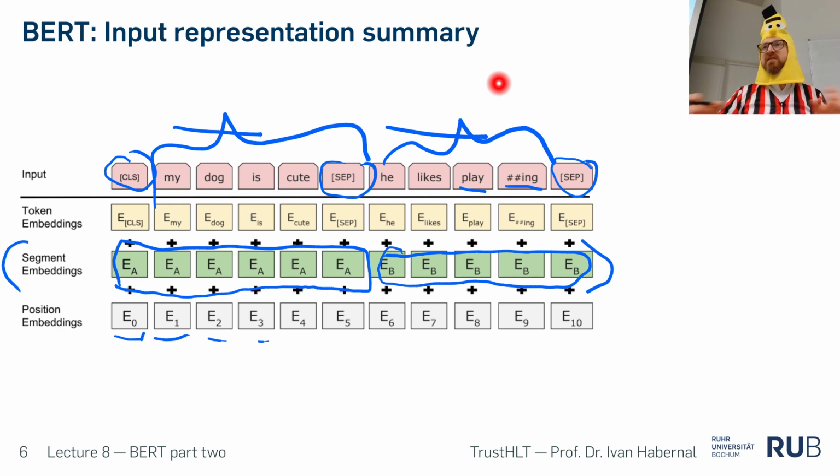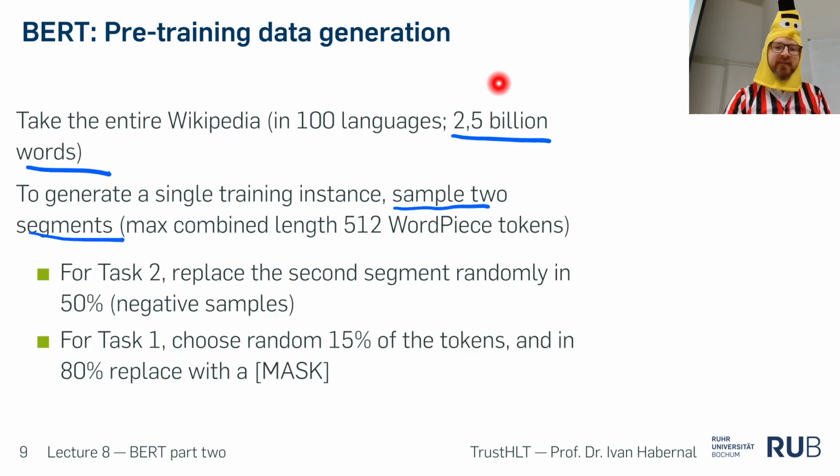So these won't be sentences, just segments of text, like 250 tokens, whatever that is. For the second task, what's coming first, oh, actually no, they didn't flip it. They replaced the second segment randomly in half of the cases.